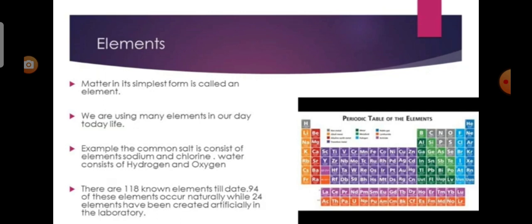Sulfur is used as manure in agriculture. Gallium is used for making mobile phones. Silicon is used for making computer chips. There are 180 known elements till date. 94 of these elements occur naturally, while 24 elements have been created artificially in the laboratory.